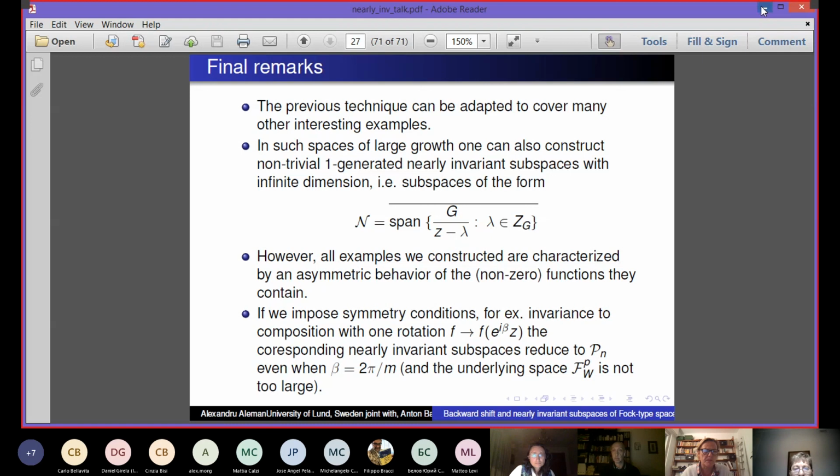But there is some progress in this direction. I don't know if Anton or you are here. There is recent work on this Haynes theorem and extensions of it, which are quite interesting, but now I forgot the name. I have the paper sent by Anton. Anton, are you here? Yes, I am here, Alexandru.